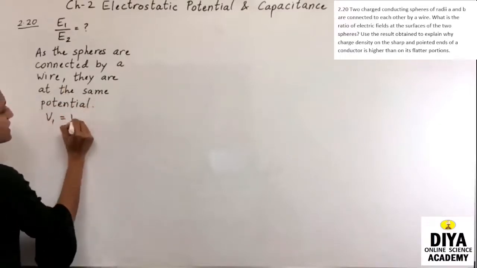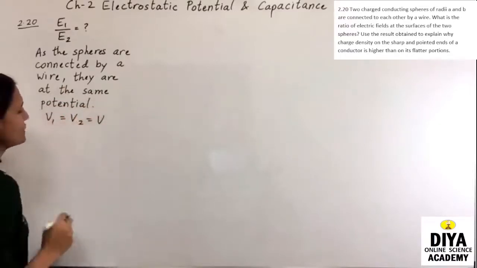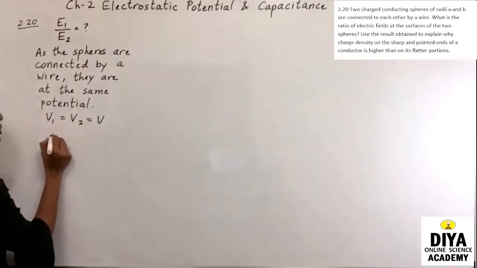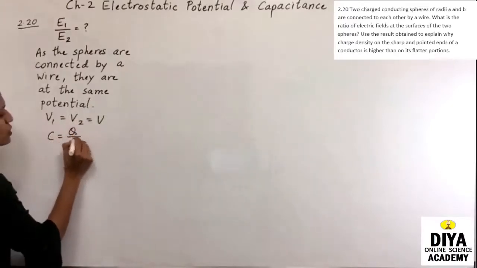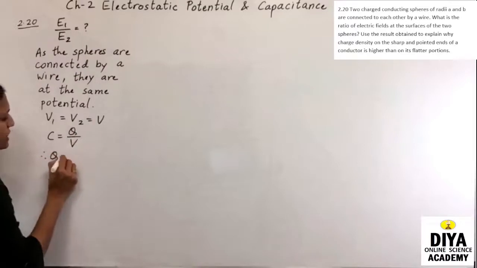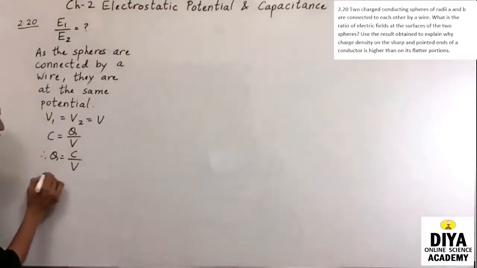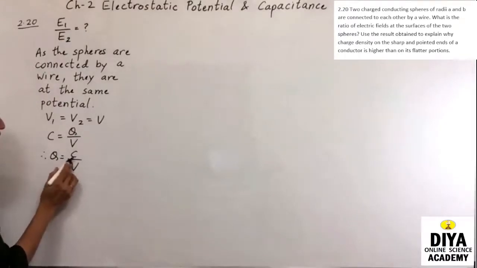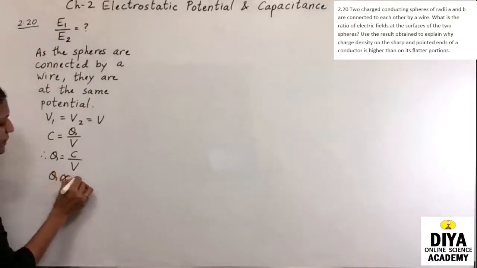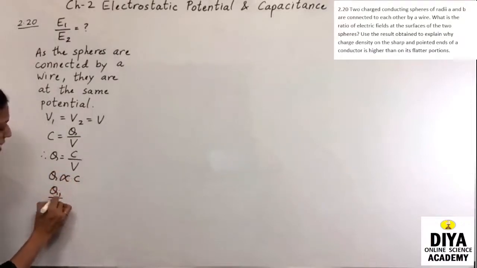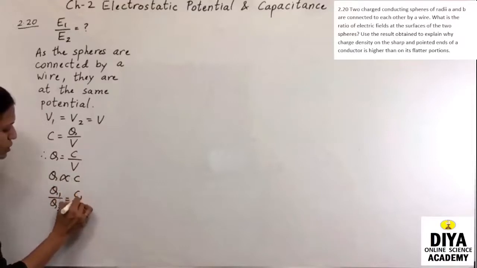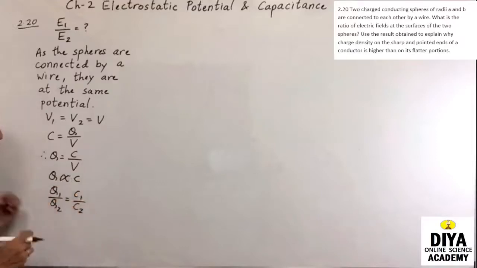That means V1 equals V2 equals V, we can say. Now C equals Q by V, therefore Q equals C times V. Now here C will remain variable and V will be constant, so Q will only depend upon C. So I can take Q1 by Q2 equals C1 by C2. Why do we do this?